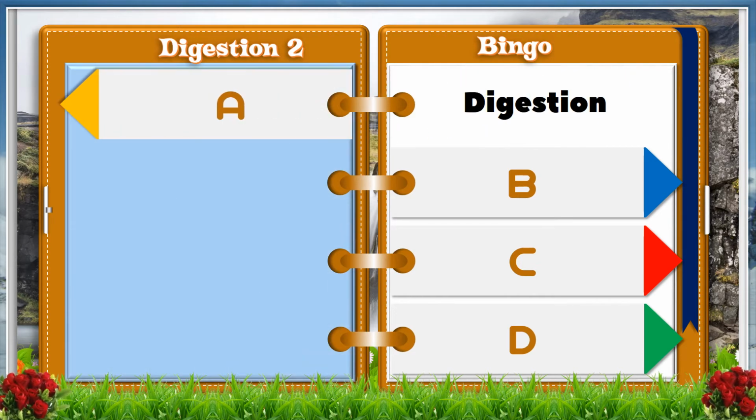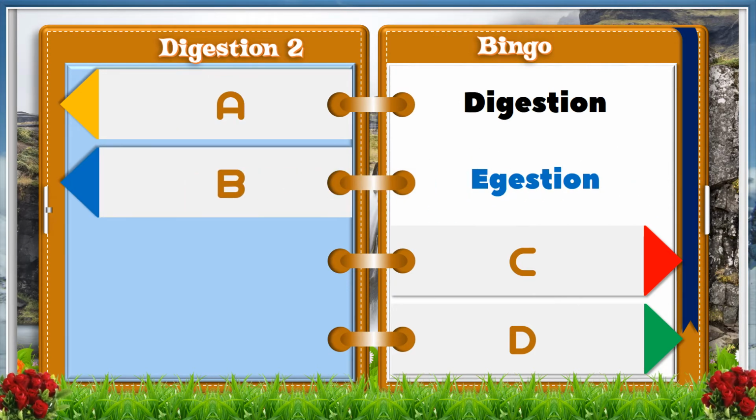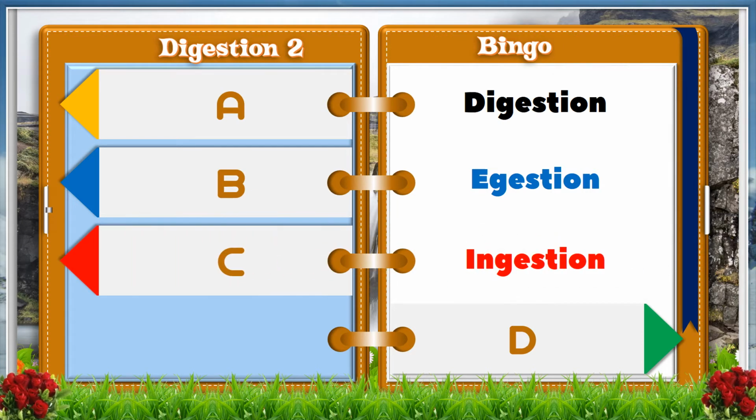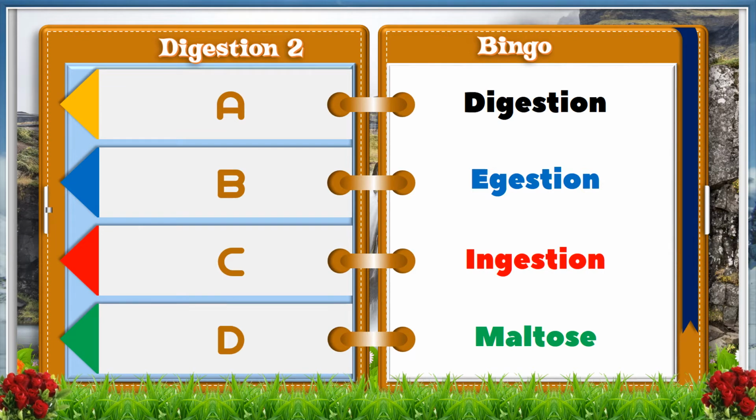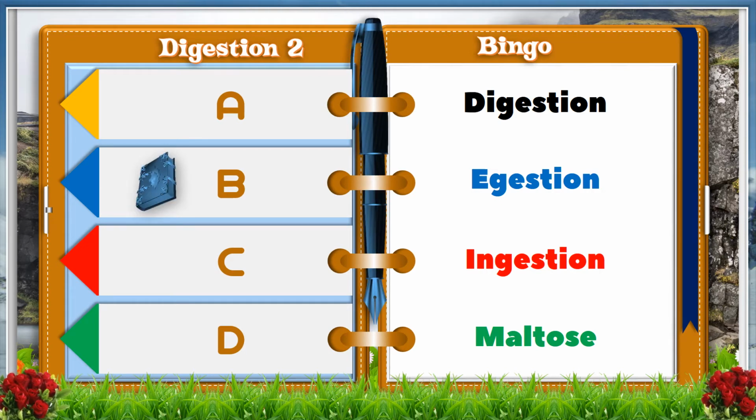A. Digestion. B. Egestion. C. Ingestions. D. Maltose. And the answer is B. Egestion.